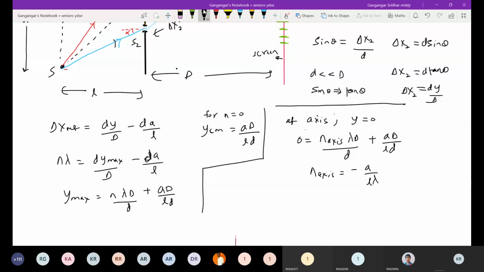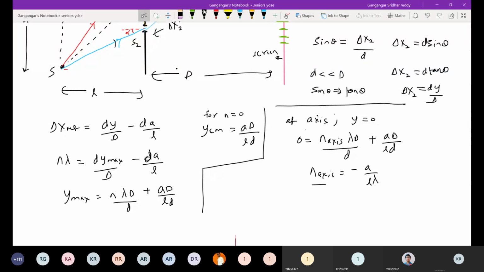Lambda will be there. This will be the order of interference at the axis. It depends on the ratio A by L, and lambda. Capital D and small d will cancel out.